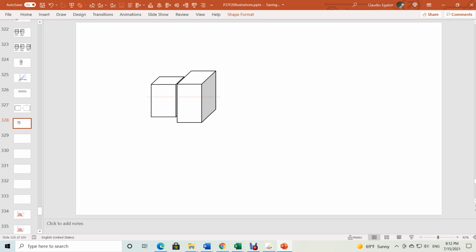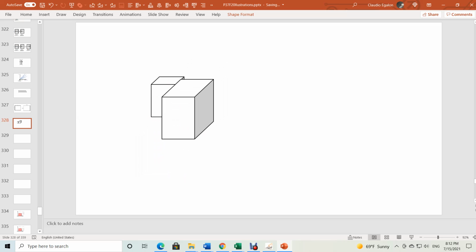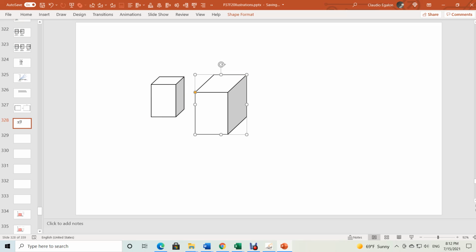Okay, so now my object expanded in every possible direction. Expanded in this direction, expanded in this direction, and then it should be thicker as well. Okay?